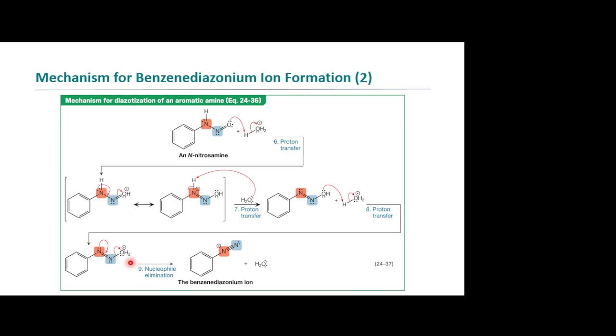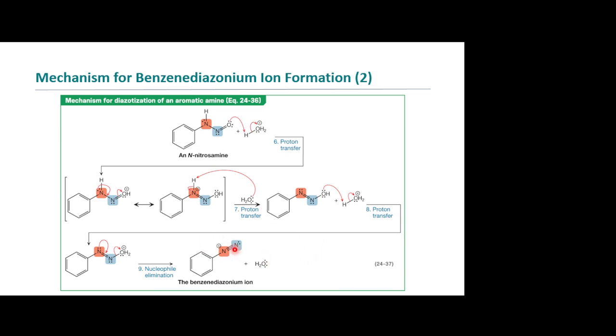This is actually going to give us our diazo. And this is specifically the benzene, because it has a benzene ring, right? Diazo and ium. So diazonium ion. And it's the diazonium ion because it has a positive charge. You see that okay? Okay, and it gave us out water.